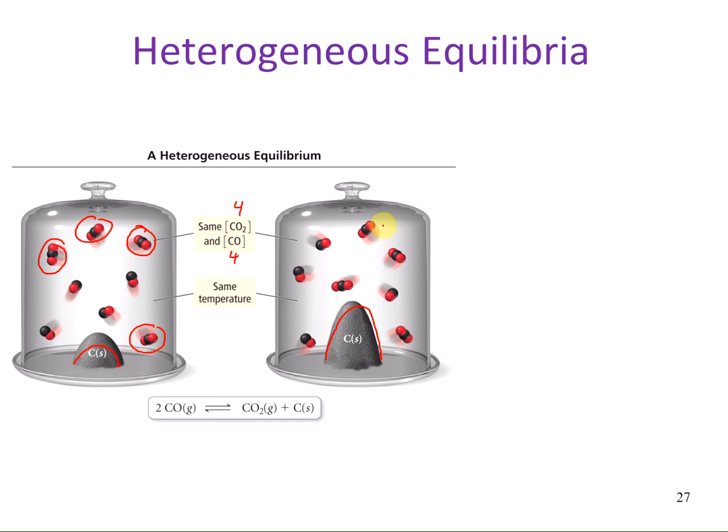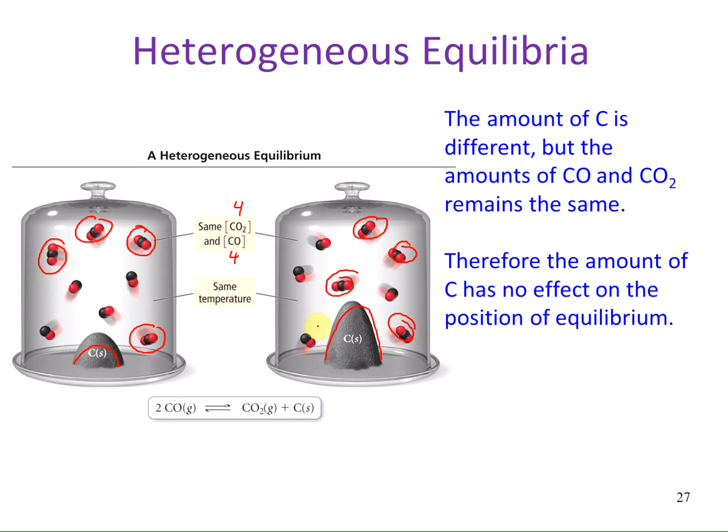And I've got 4 CO2s on the right hand side and 4 COs as well on the right side. So notice that changing the amount of carbon solid did not change any of the reactant or product concentrations of the CO gas and the CO2 gas. So it did not affect the equilibrium concentrations. The amount of carbon is different, but the amounts of CO and CO2 remain the same. Therefore, the amount of carbon has no effect on the position of the equilibrium.